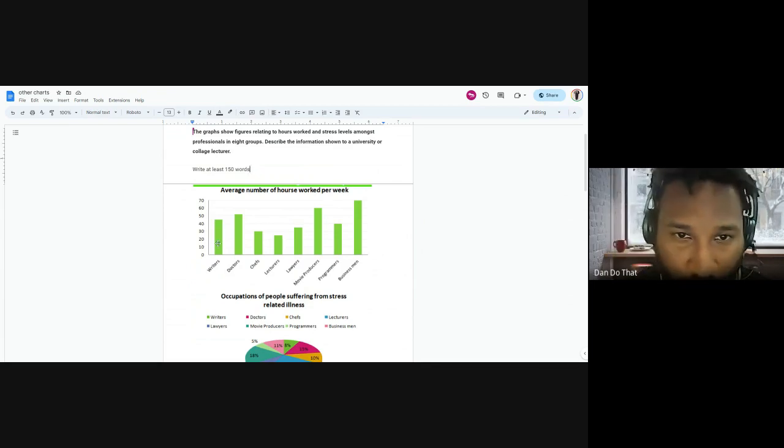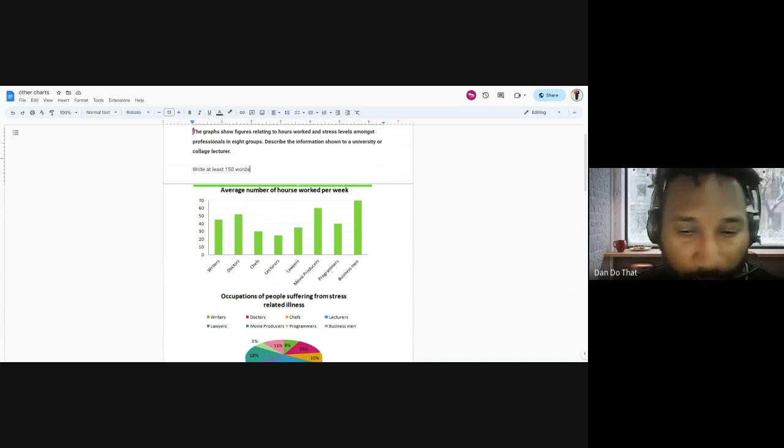All right. So average number of hours worked per week. We have to change that to the normal amount of work that different types of workers do every 7 days or over 7 days.